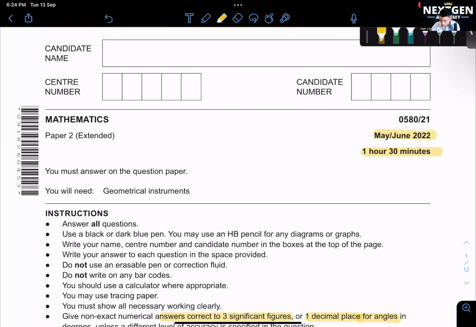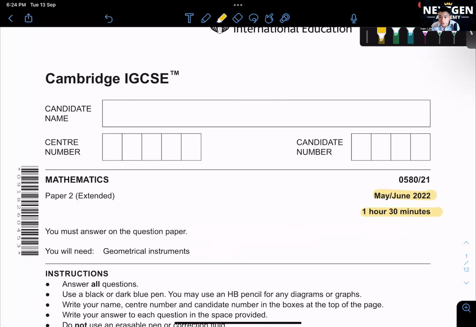Sorry, technical error. I was supposed to send it to you just now. Check your WhatsApp.